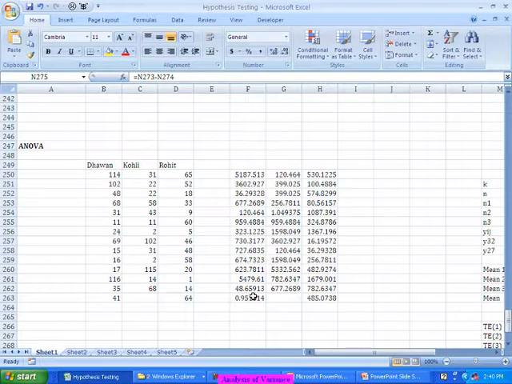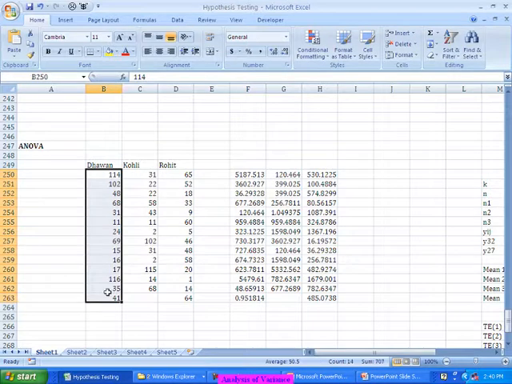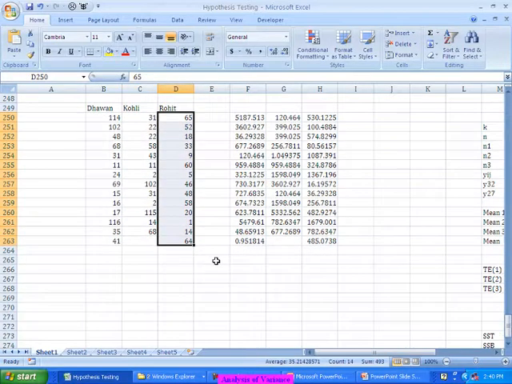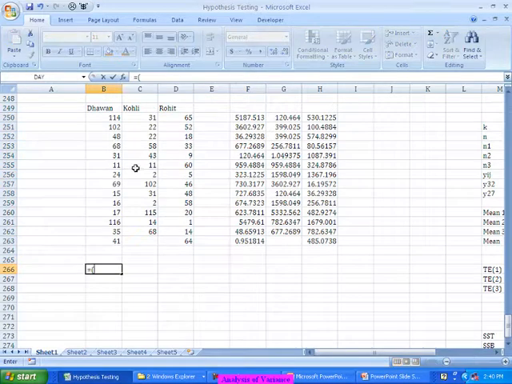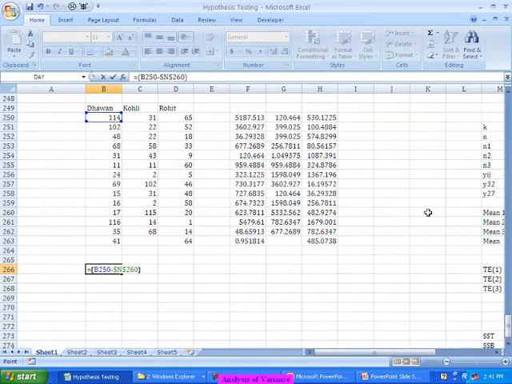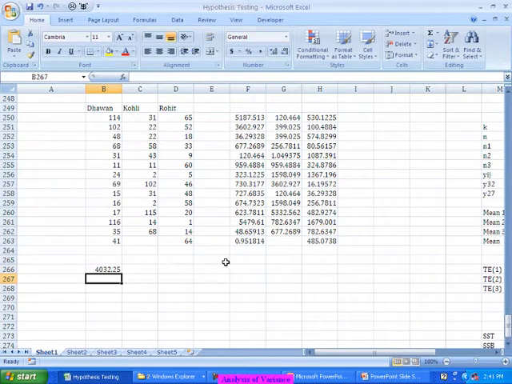But how can I verify it? For the first instance, I find the sum of squares with respect to its own mean. I find the sum of squares of Kohli with respect to its mean, and of Rohit with respect to its mean. What does that mean? I take each observation of Dhawan, subtract Dhawan's mean from it, and square it. This is the sum of squares I am talking about.